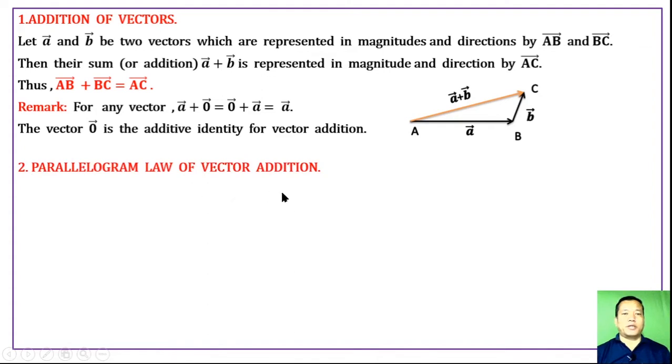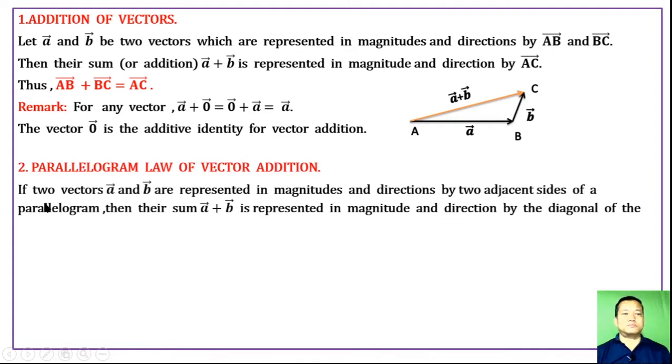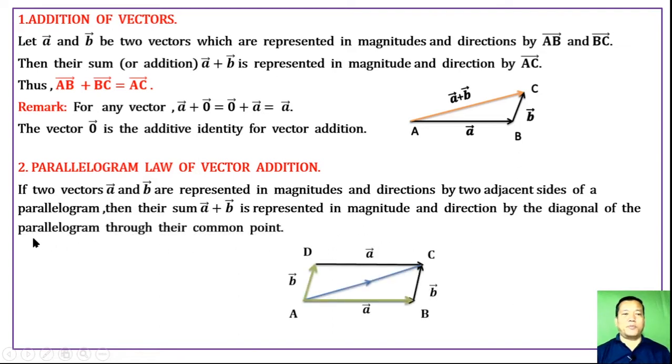Parallelogram law of vector addition. If two vectors A and B are represented in magnitudes and directions by two adjacent sides of a parallelogram, then their sum A vector plus B vector is represented in magnitude and direction by the diagonal of the parallelogram through their common point.